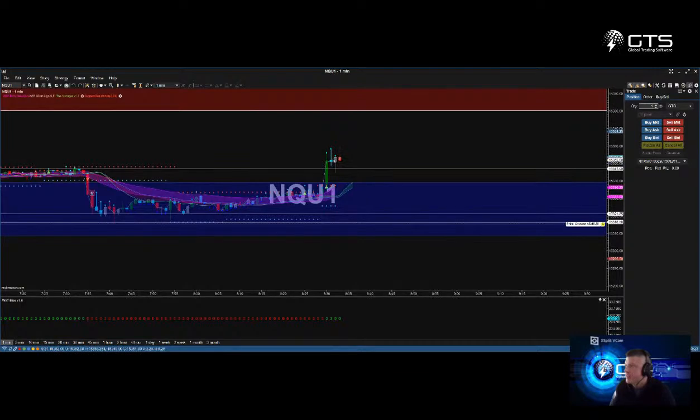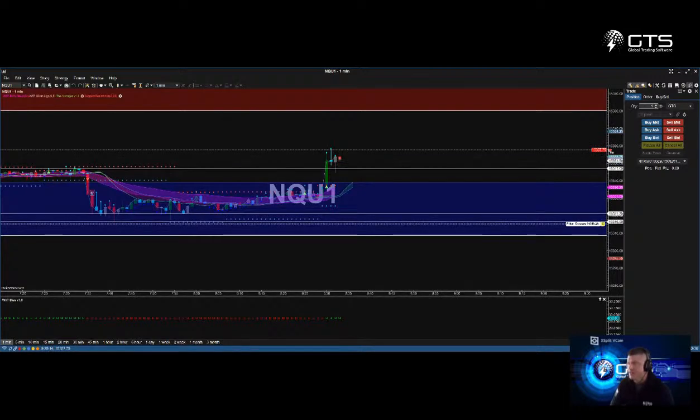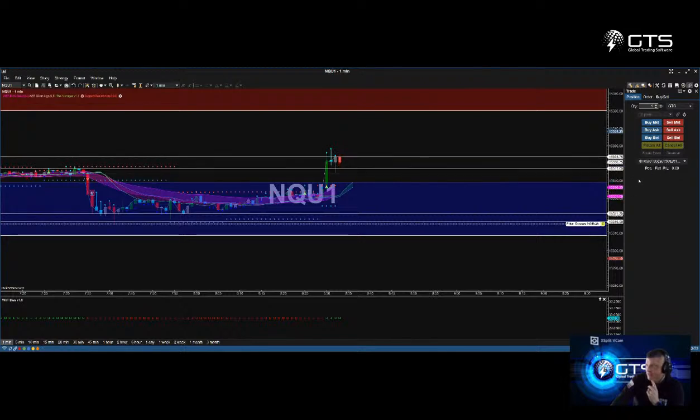Look at it. This is the 1 minute at the open. This is the open. And I mean, we did what? 20 points? That's not a lot of strength to the upside. I see a reversal coming. Personal opinion. Got nothing to back that up. But I'm going to add a lot right there.